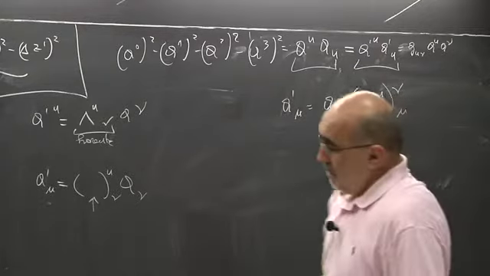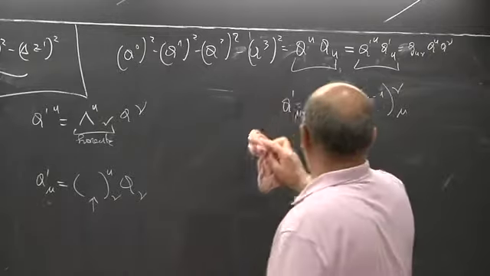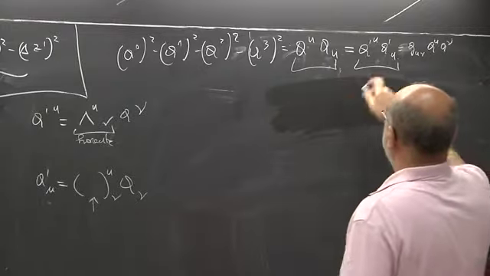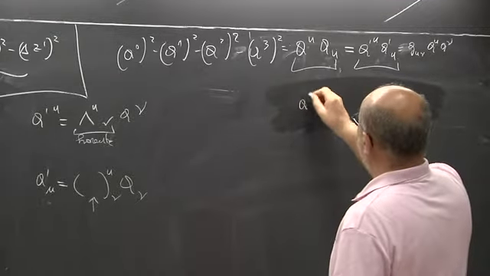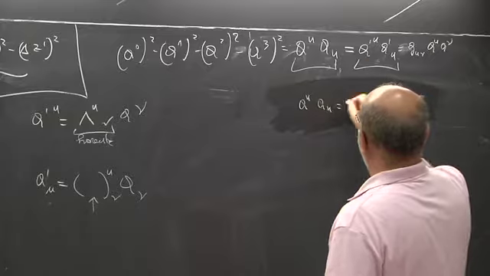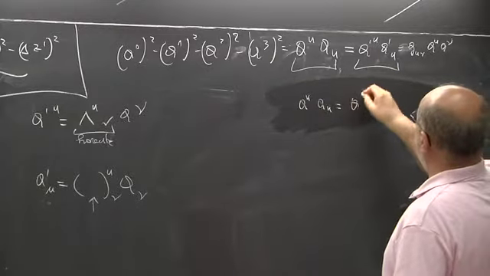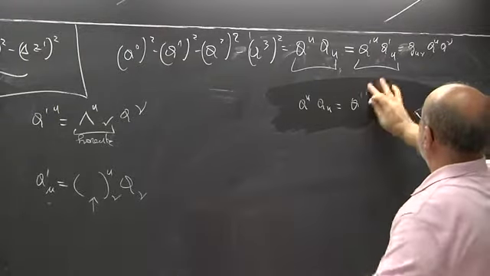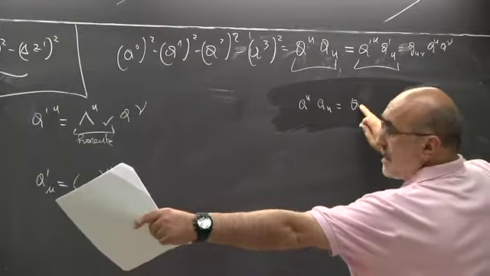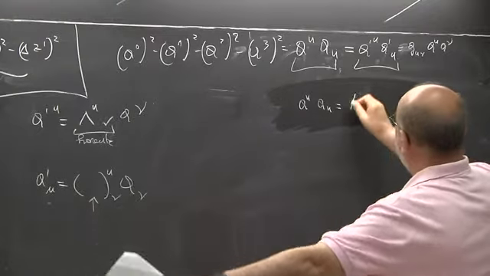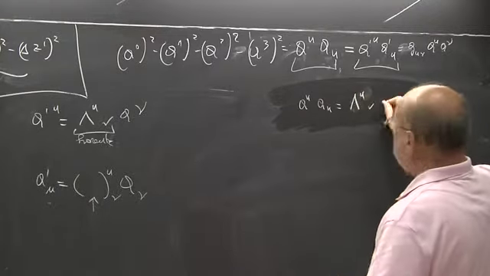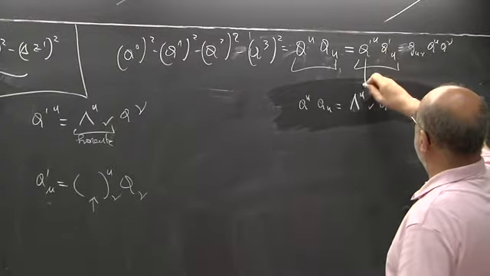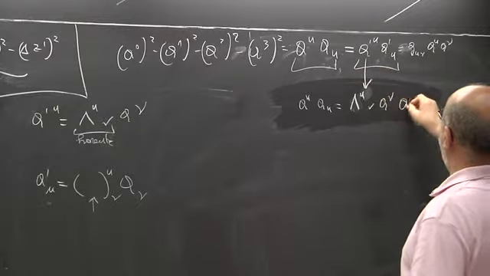Okay? Let's do it explicitly if you have not understood. Let's start from here. We know that this four-length is the same, so we have A_μ A^μ equal to A'_μ A'^μ. And this object, A'^μ, is Λ^μ_ν A^ν.